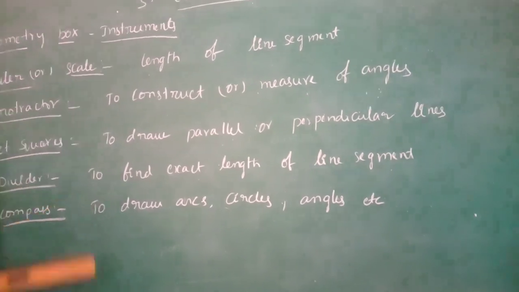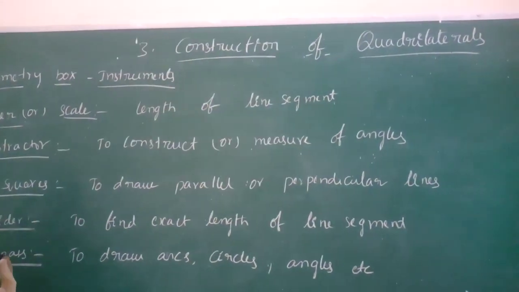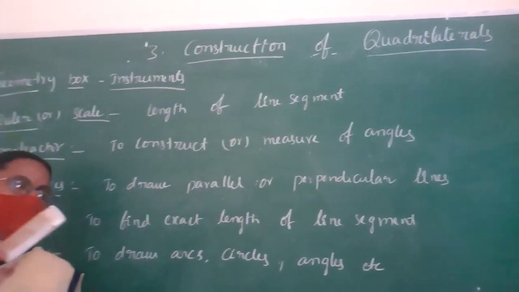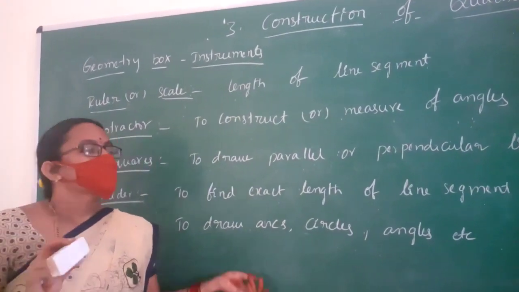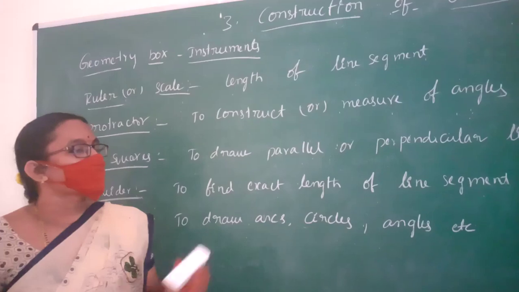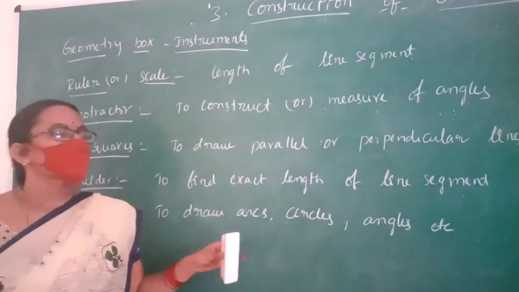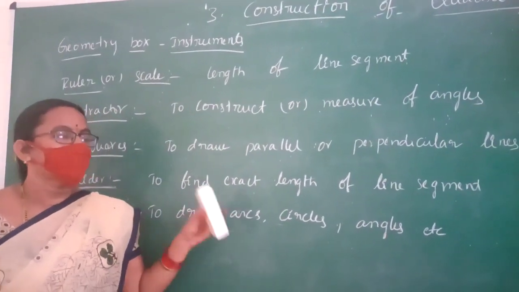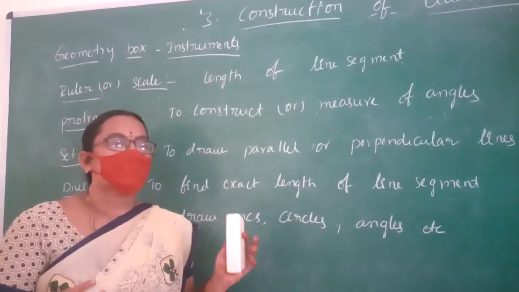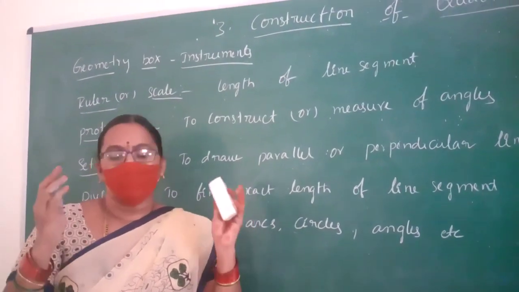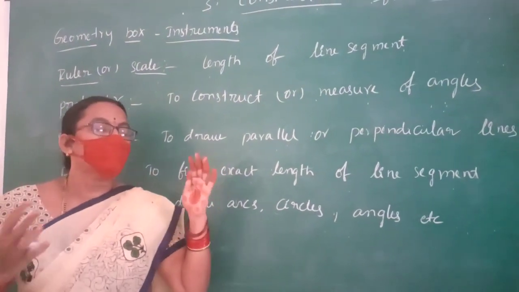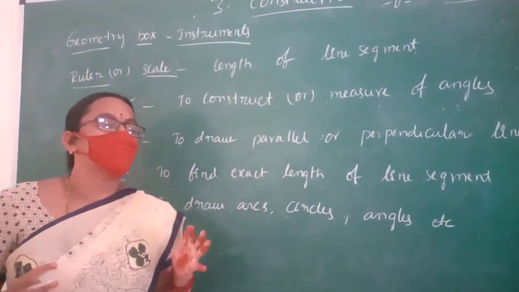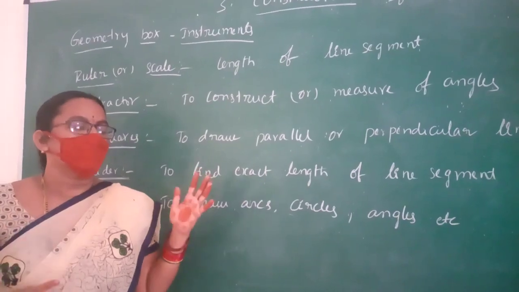In addition to all these instruments, we have one duster in the geometry box. So, this box is used for the construction of geometrical figures. That's why we call this box a geometry box. And geometry is very similar to our nature.